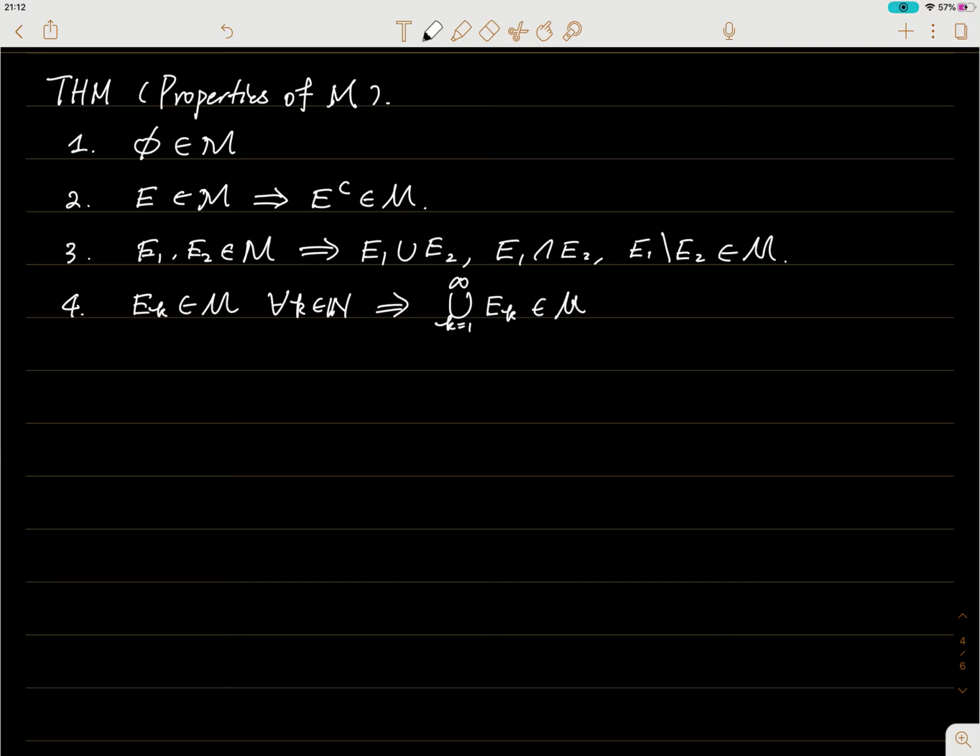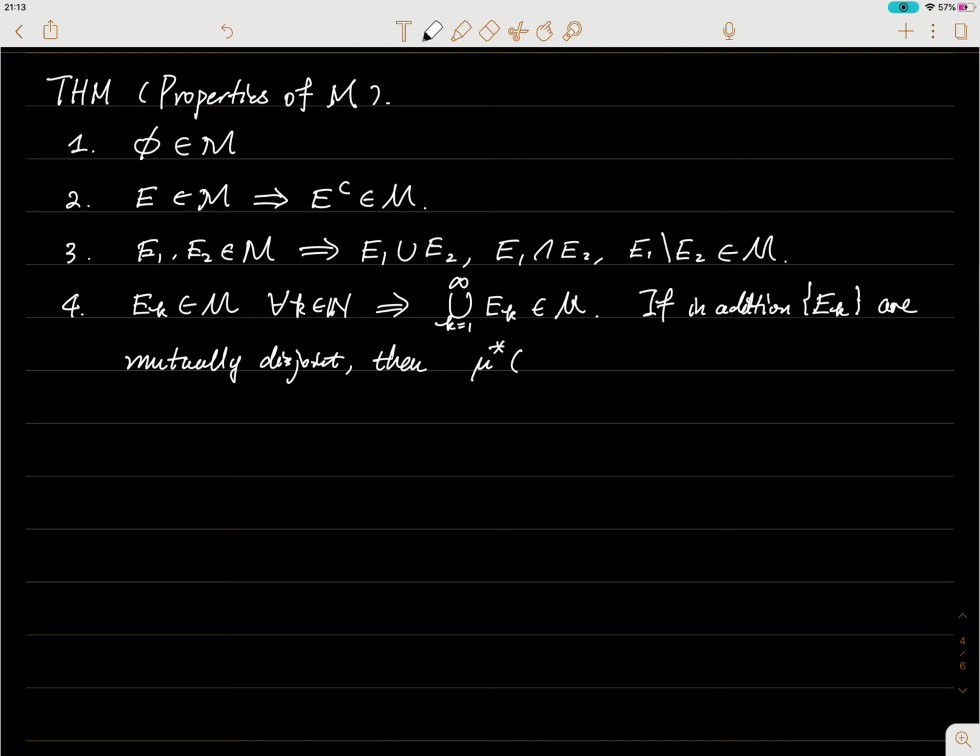And moreover, if those E's are mutually disjoint, then actually the countable additivity will hold.